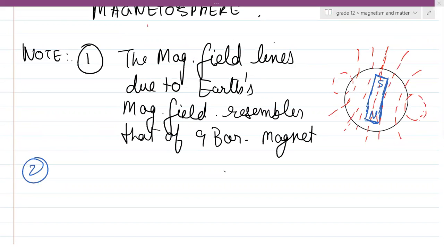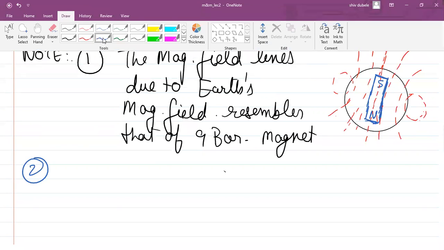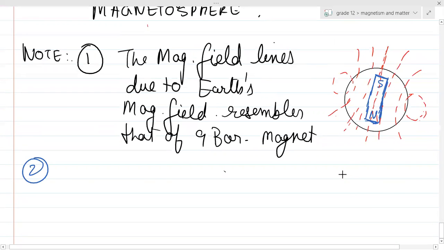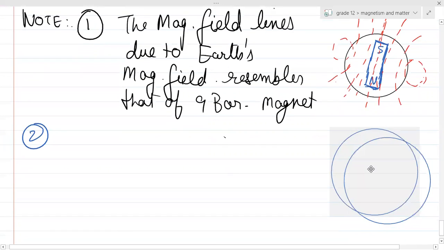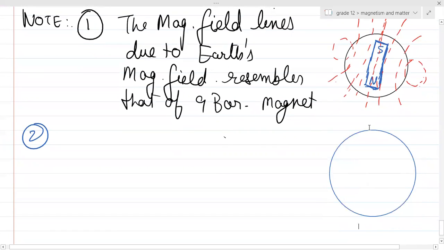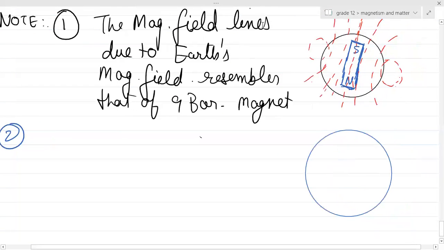Second point. The second point is basically this: suppose this circle, this sphere is there and it is representing what? What is this, guys? If this is my Earth and this is the axis of rotation of Earth, so tell me, what are these points?